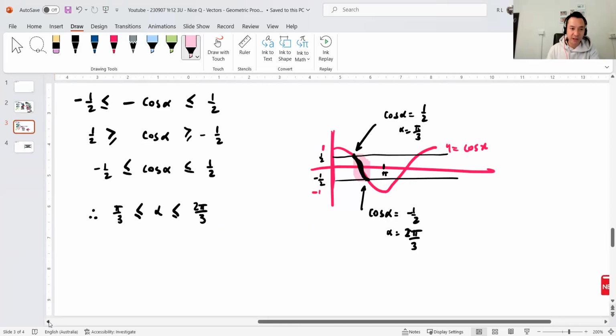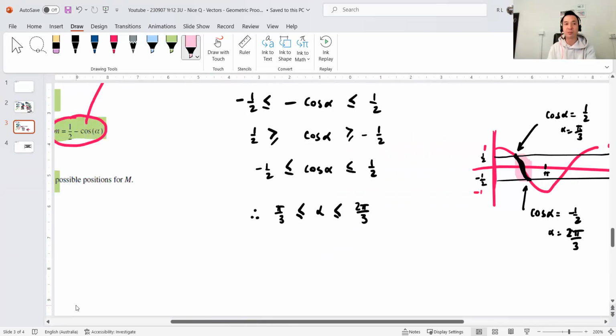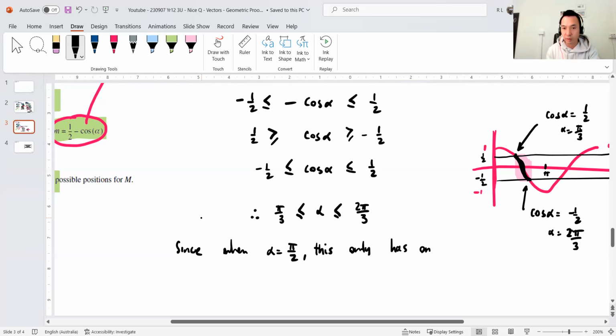So if alpha was within that range, I'll get another answer. But what's important is, since when alpha equals pi on 2, I already know that there's only one solution.